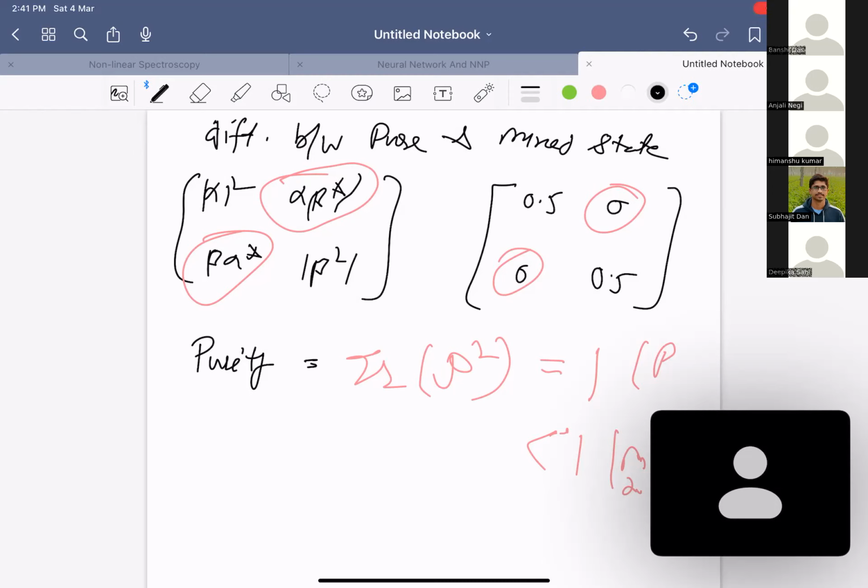Pure state means totally Hilbert, there are no other independent processes there. So Hilbert and statistical, this is a quick way to keep in mind whenever we read or see this kind of thing.